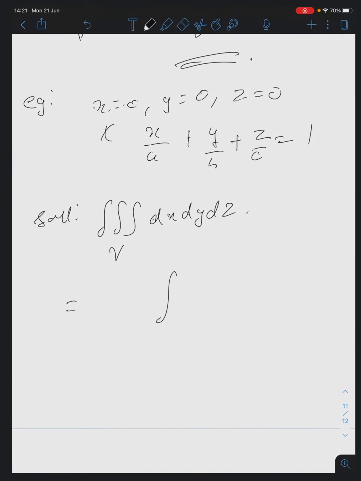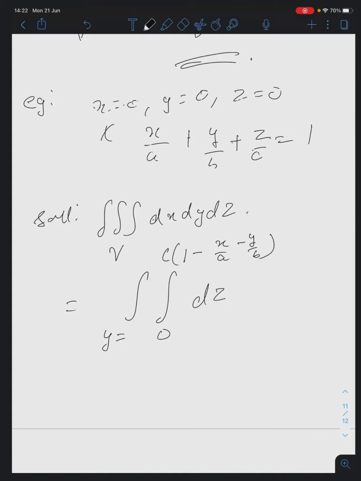So the limits of z, if I want to write z first, will be from 0 to c into 1 minus x by a minus y by b, within that solid. Now you can write your y limit in terms of x. Now in xy plane z is 0.